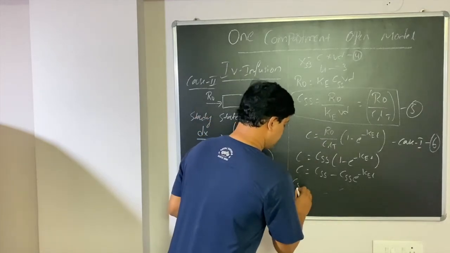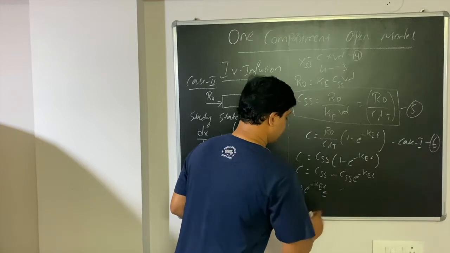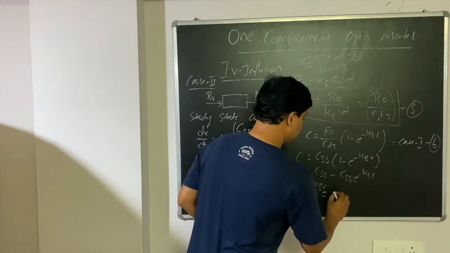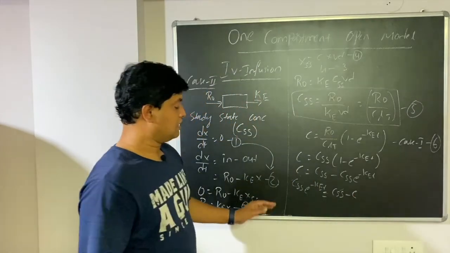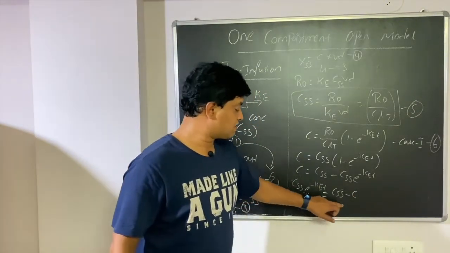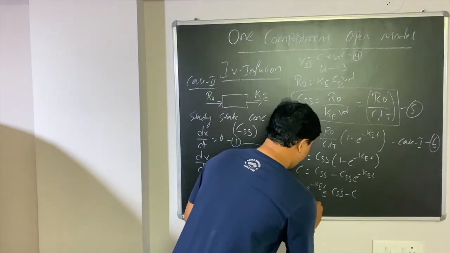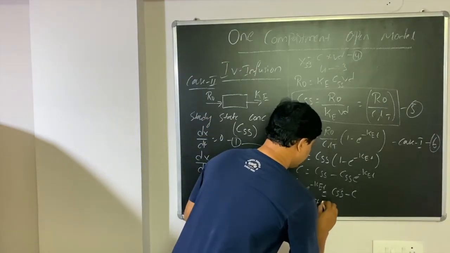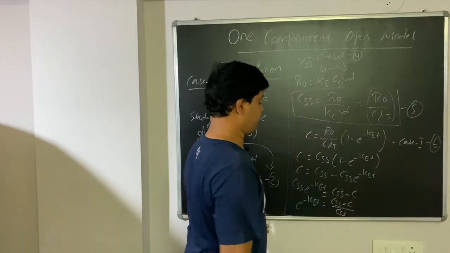You will get steady state concentration e to the power of minus Ke T is equal to steady state concentration minus concentration. Again send the steady state concentration on the left side to the right side. You get e to the power of minus Ke T is equal to CSS minus C by CSS.